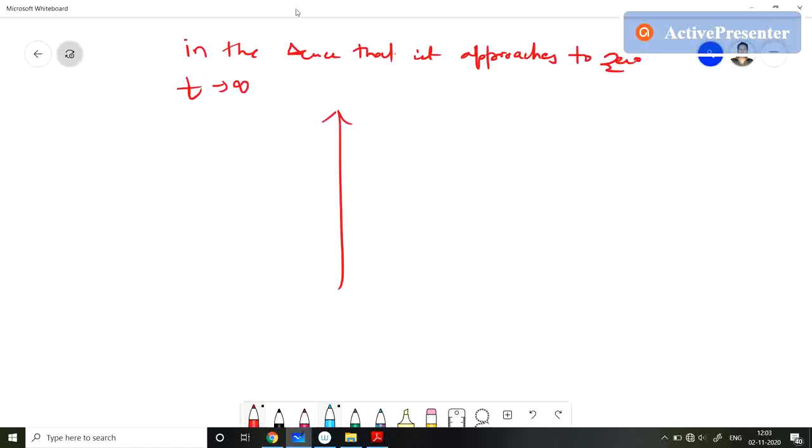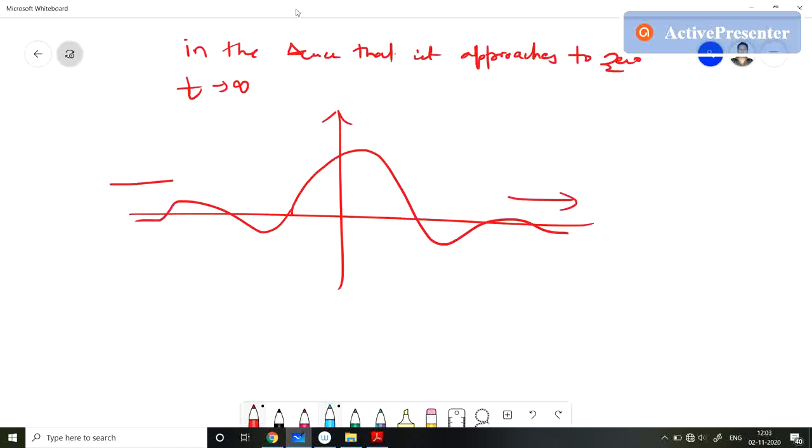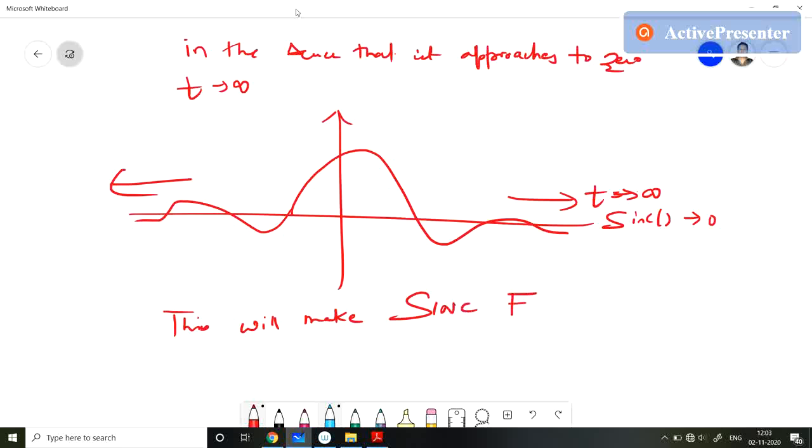So we can see that this is decreasing, and when t tends to infinity, the sinc will approach 0. Because it is bounded, this makes the sinc function an energy signal.